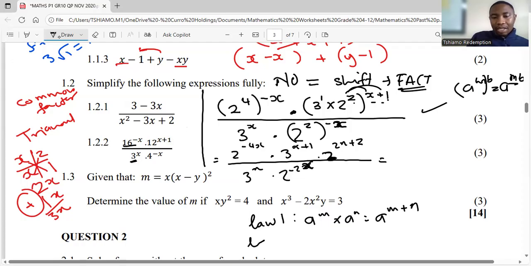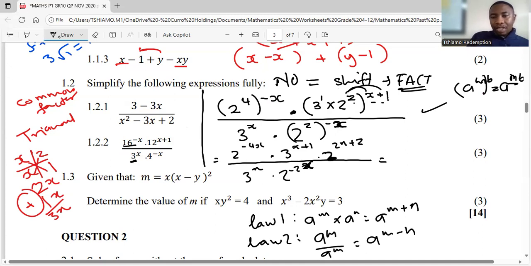And on the same line, I'm going to apply law 2. It says if I have this, I can subtract the exponent. So on the same line, I'm going to subtract this. When I subtract this, since it's a negative, it becomes a positive that I am subtracting.